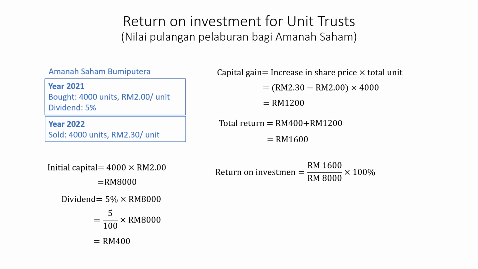The return on investment: the return is 1,600 over the initial capital, the amount that I invested, multiplied by 100%. This equals 20%. So after a year, I can gain 20% return, which is considered quite good.